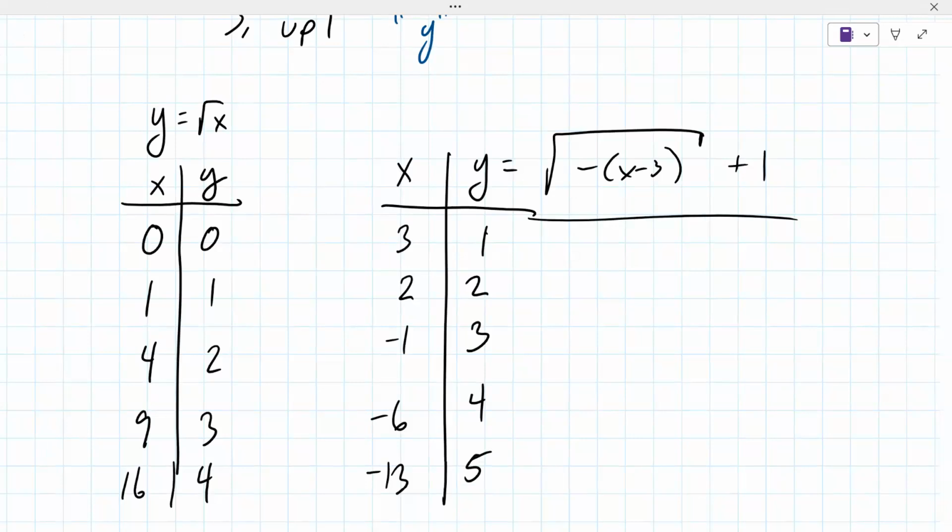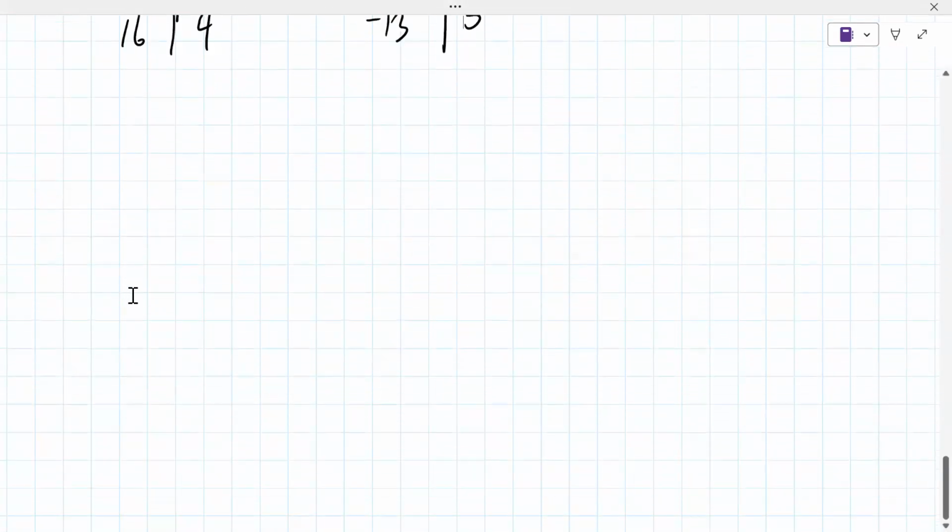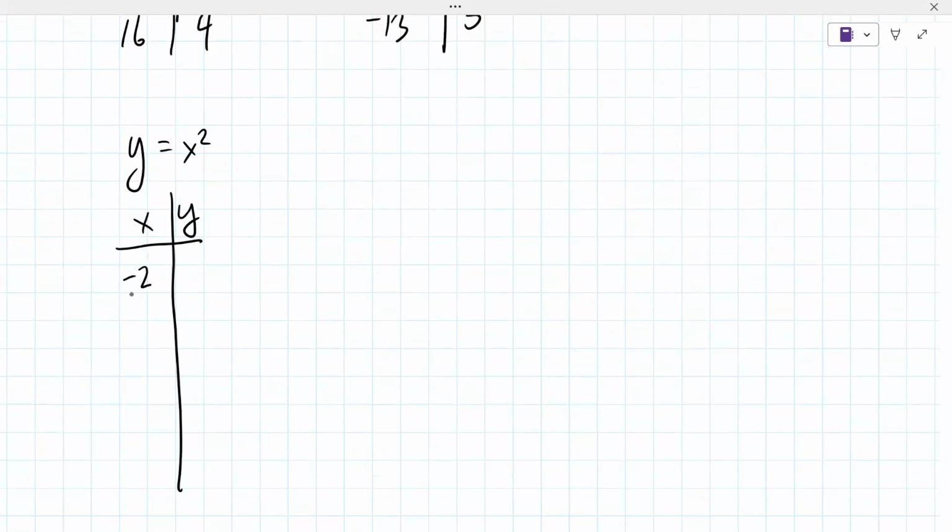All right, good job. Yeah, you had a good question here. Let's go to something more traditional here. Do you remember the parent function table for x squared? Do you remember what goes on the right?